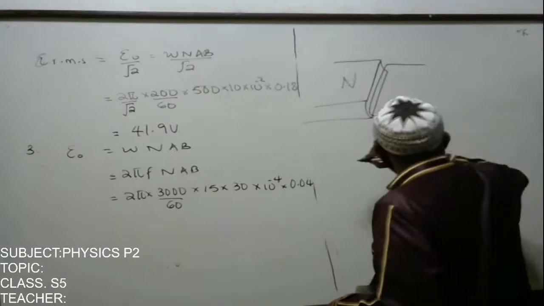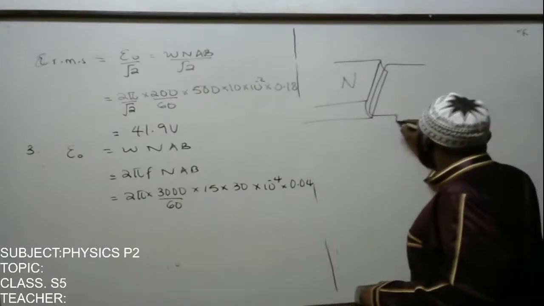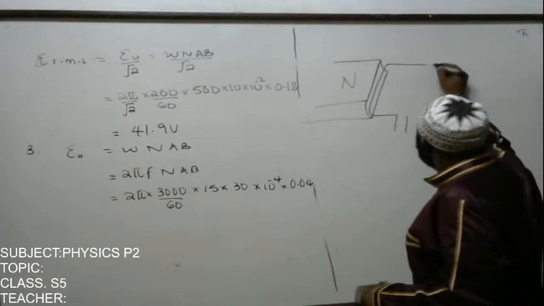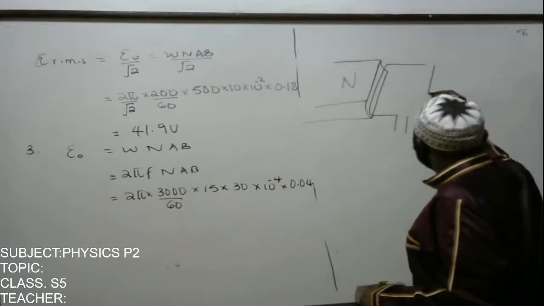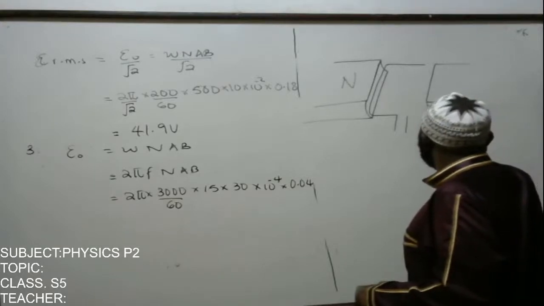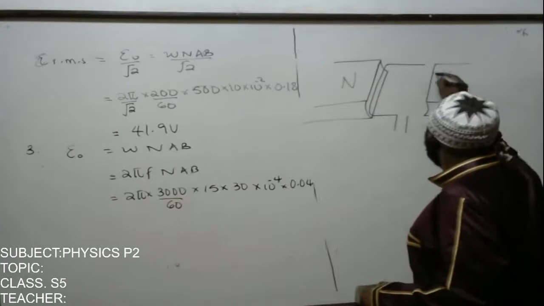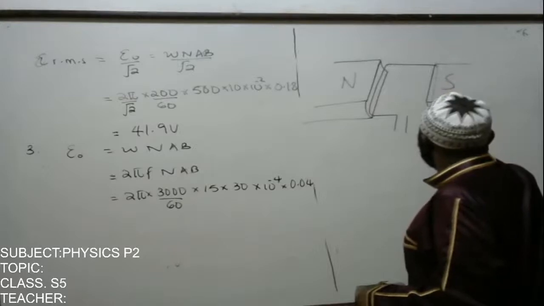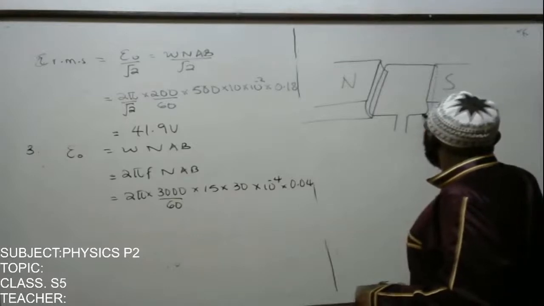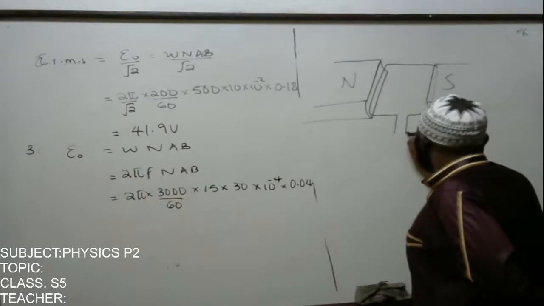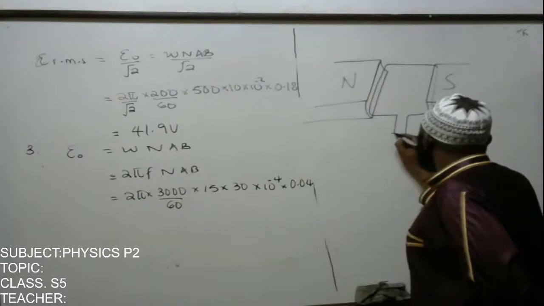You can have this as North Pole. And then you can have something of this sort. South Pole. Then here we have one long one and then the short one.